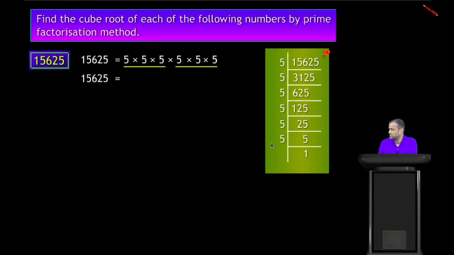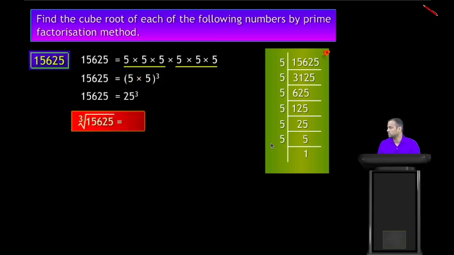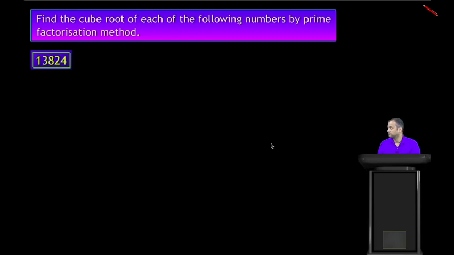So this makes 3. So we can write this one as 5 into 5, and 5 5s are 25. So we can write this as 25 cube. So the cube root of 15625 is 25.